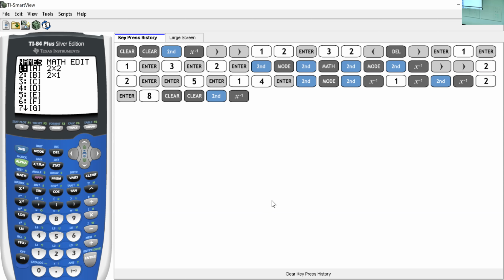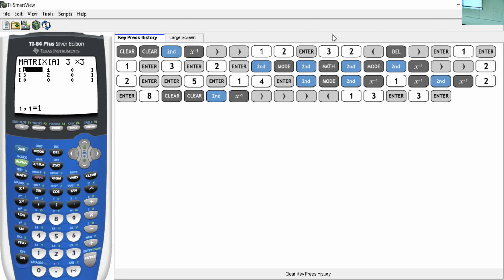Second matrix. The matrix A is 3 by 3. So over to edit, number 1, 3 rows, 3 columns, and keep entering in the calculator. It's going to go along rows.